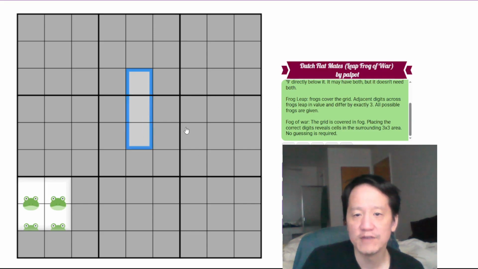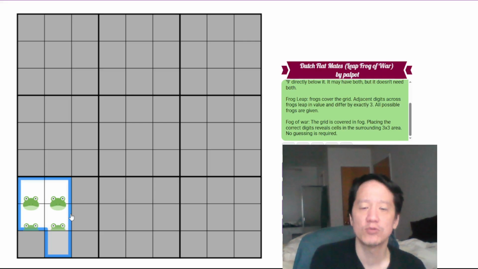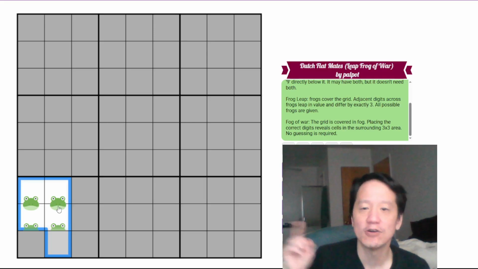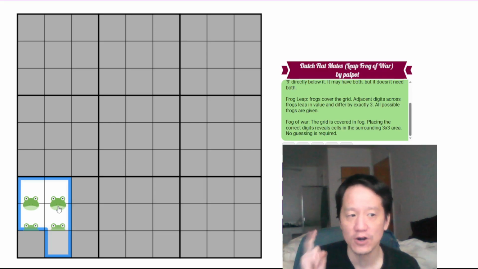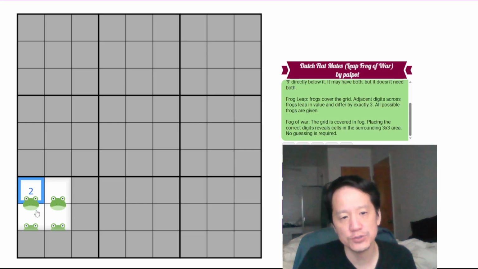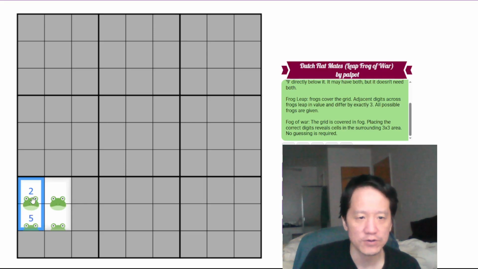We also have frog leap, where frogs cover the grid. Adjacent digits across frogs leap in value and differ by exactly 3, and all possible frogs are given. So, if this were, say, a 2, this would have to be a 5.